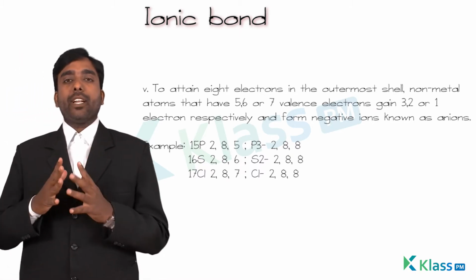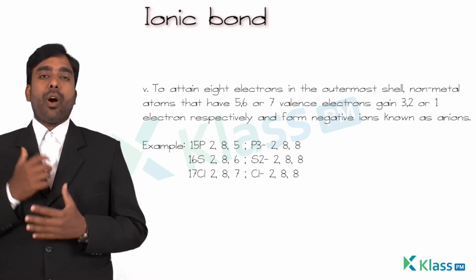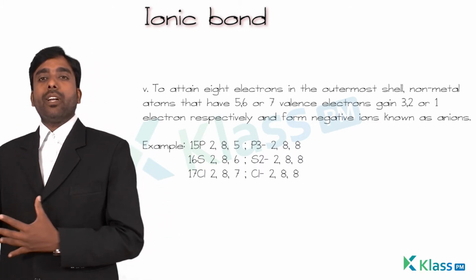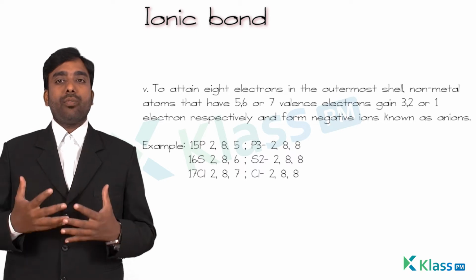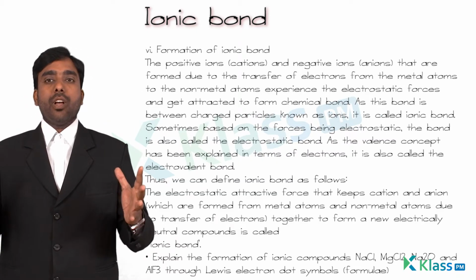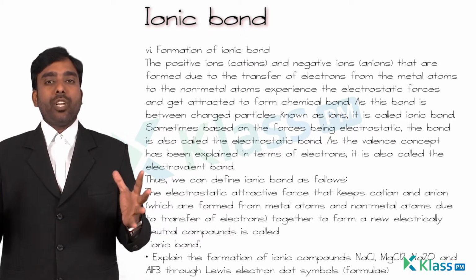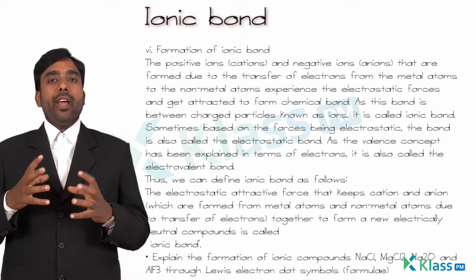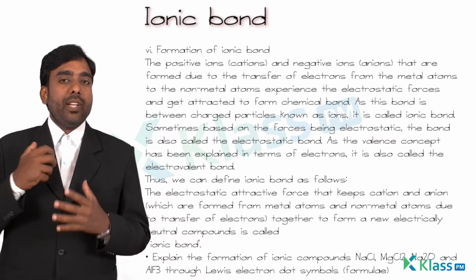This is the way metals, by losing electrons, form cations, and non-metals, by gaining electrons, form anions. These cations and anions come together by electrostatic force and an ionic bond is formed between them.